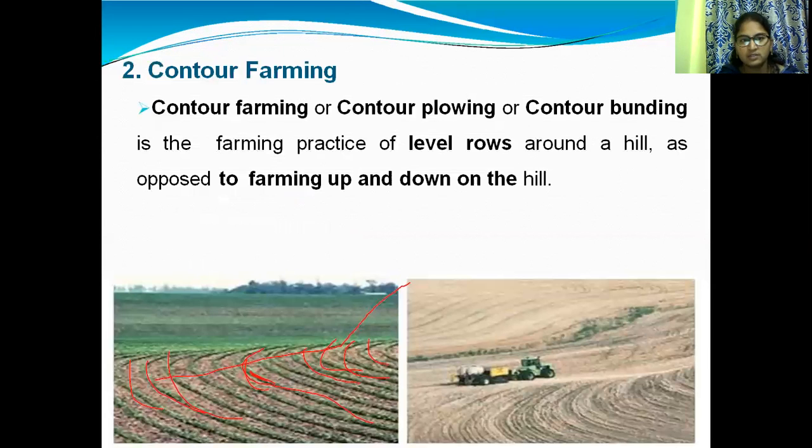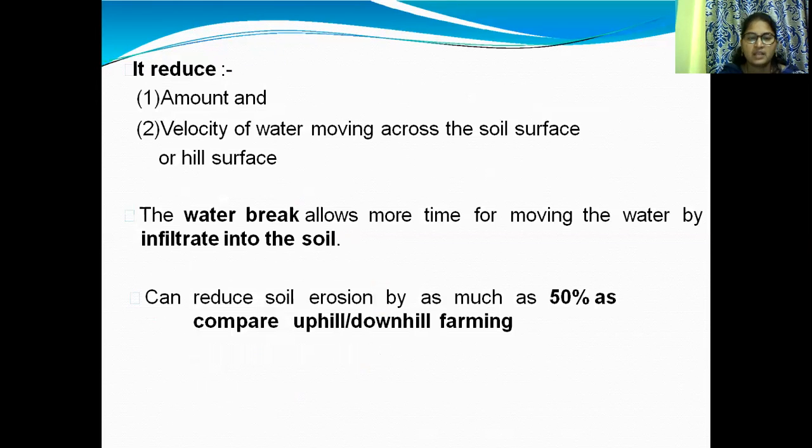In contour farming, this technique is used in hilly areas, and the advantage is that it reduces the runoff velocity, increases soil moisture, and thus increases water infiltration. It reduces the amount and velocity of water moving across the soil surface or hill surface, and the water breaks allow more time for the water to infiltrate into the soil.